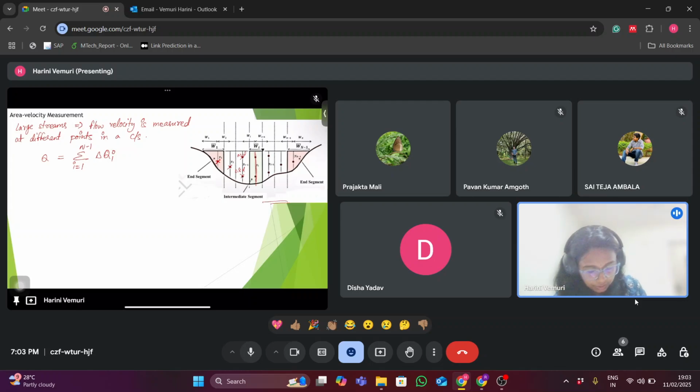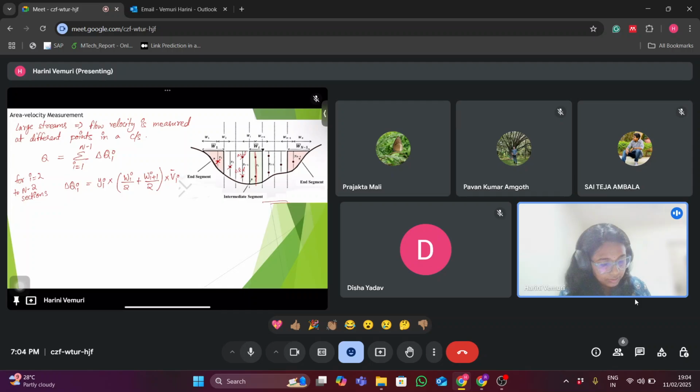Okay. So here I am just writing the formula related to this because the detailed methodology is already discussed in the class. Okay. For i equal to 2 to n minus 2 sections, the flow within the section is calculated by this formula, Δq_i equals the area times vi bar.